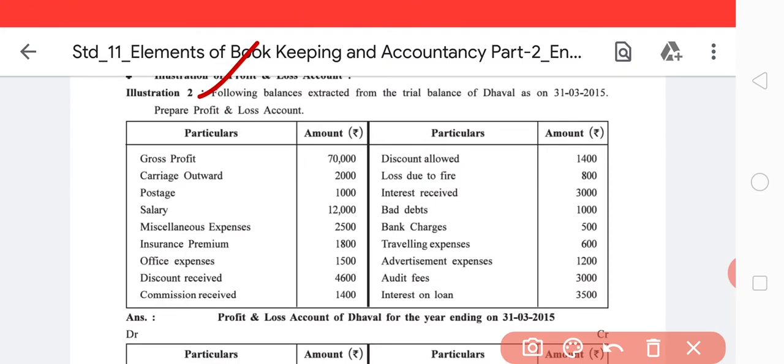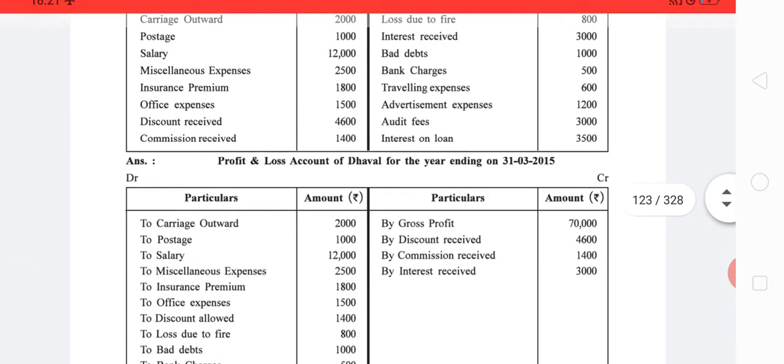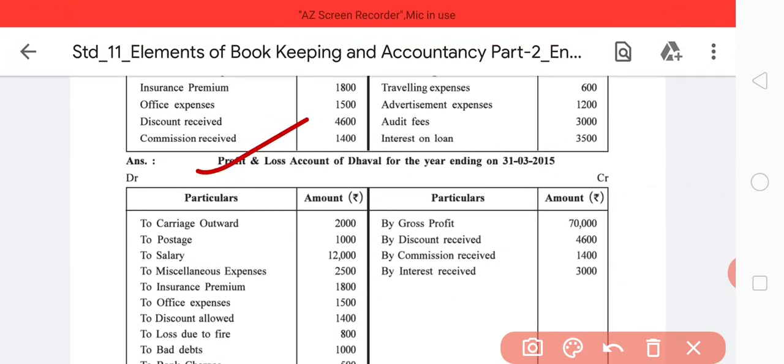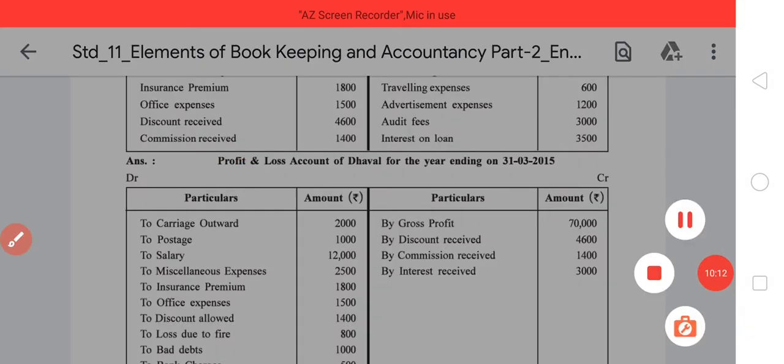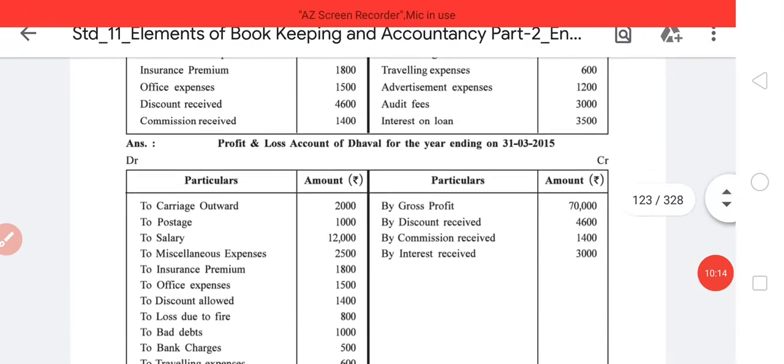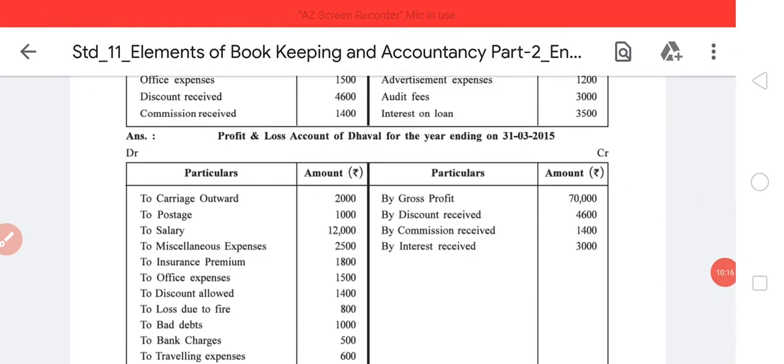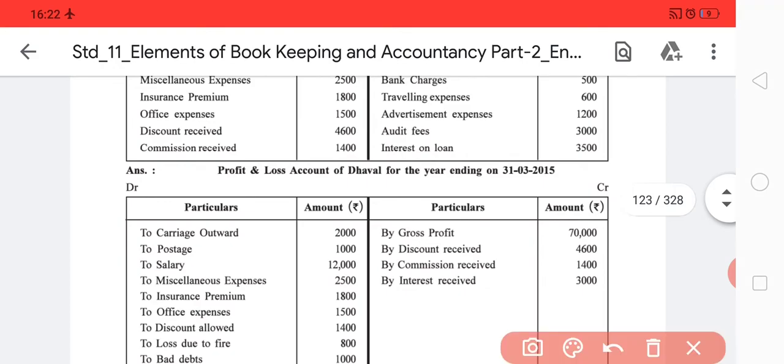Prepare profit and loss account. Now we have to prepare the profit and loss account of Dhaval for the year ending on 31st 3 2015.